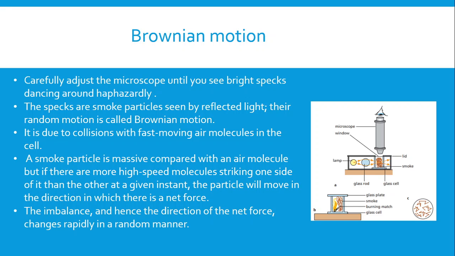A small particle is massive compared with an air molecule, but if there are more high speed molecules striking one side of it than the other at a given instant, the particle will move in the direction in which there is a net force. So that basically is just about the resultant force, because obviously air is all around us and it's made up of molecules, as we've already studied.